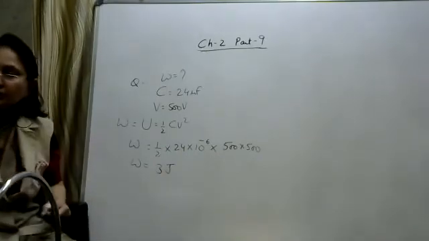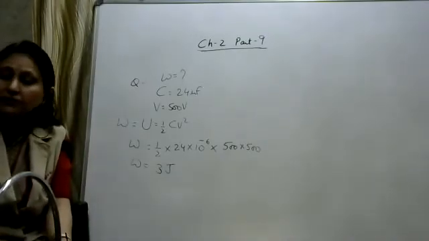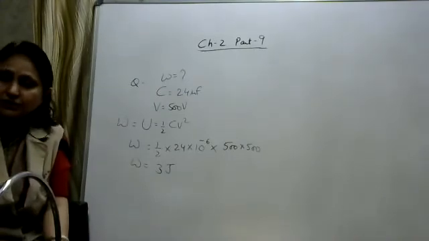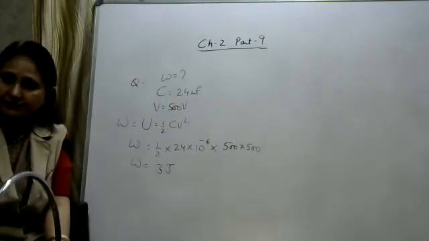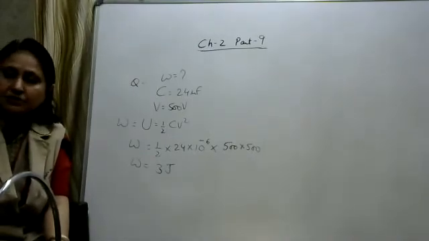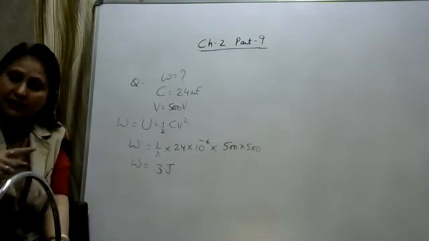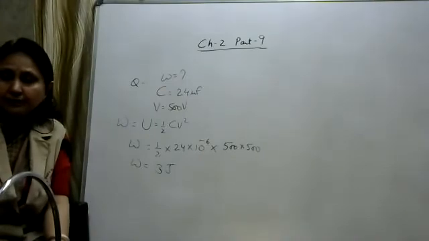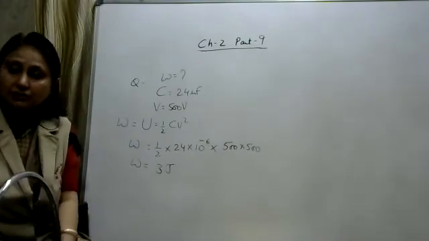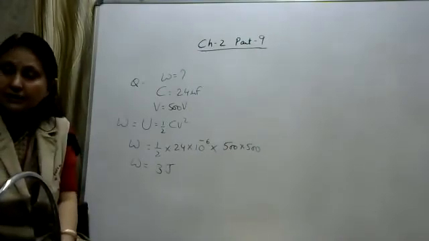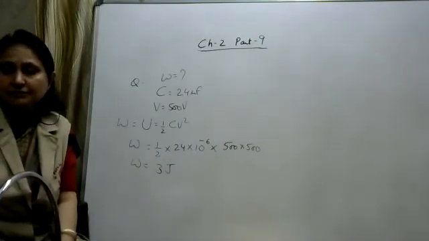Now on the next topic, that is tomorrow, we'll study about common potential. Let there be two capacitors which are charged to different potentials. One has a capacitance C1, the other has a capacitance C2, but they are charged to different potentials. When they are connected by a connecting wire, what will happen? The charges will start flowing from the high potential capacitor to the low potential capacitor until the potential on both the capacitors comes to be the same.